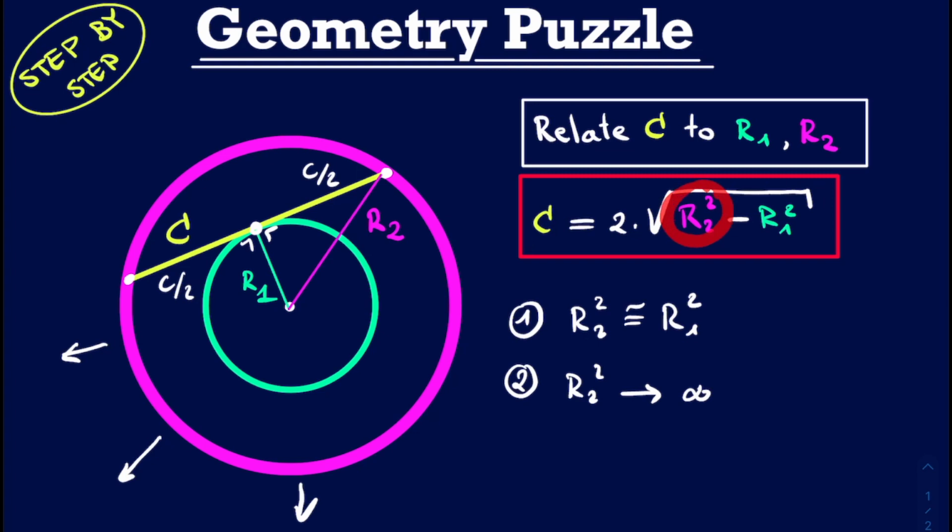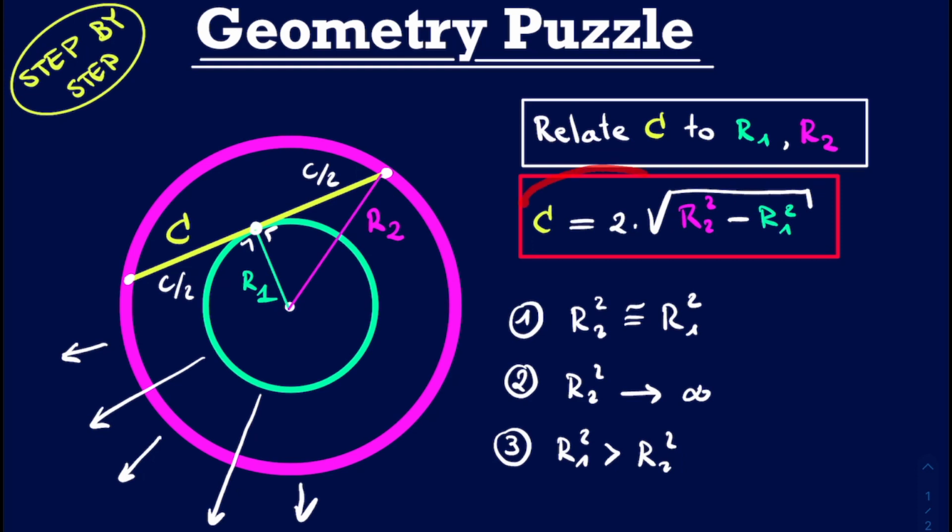If this number becomes very, very large, then our C will also become very, very large. Of course, there is also a third limiting case, the case where R1 squared becomes larger than R2 squared. So if our smaller circle actually expands and exceeds the radius of our larger circle. And I will leave it to you to figure out what then happens and what this says about our formula that we found.